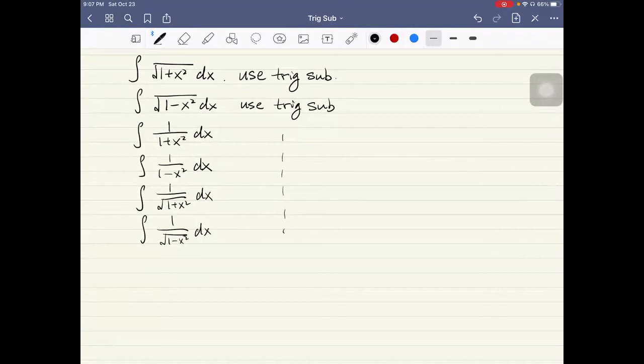this integral of x times square root of 1 plus x squared dx. Okay, and you see, okay, this guy seems more complicated than this guy. However, easier method actually works for this one.